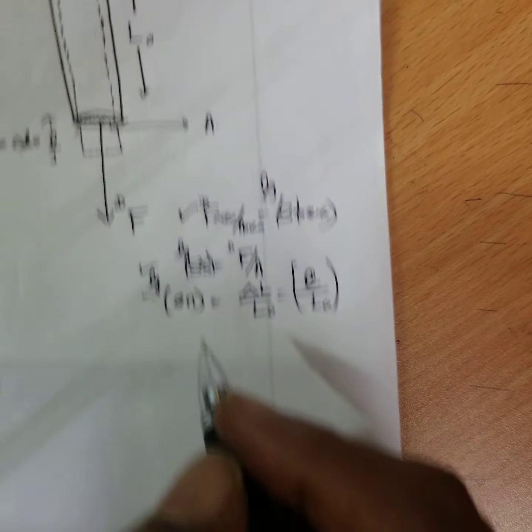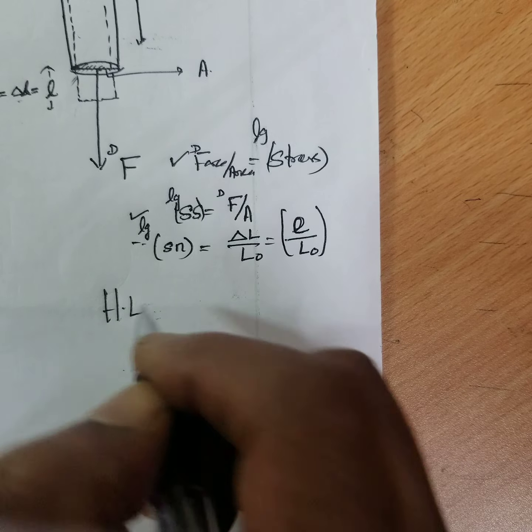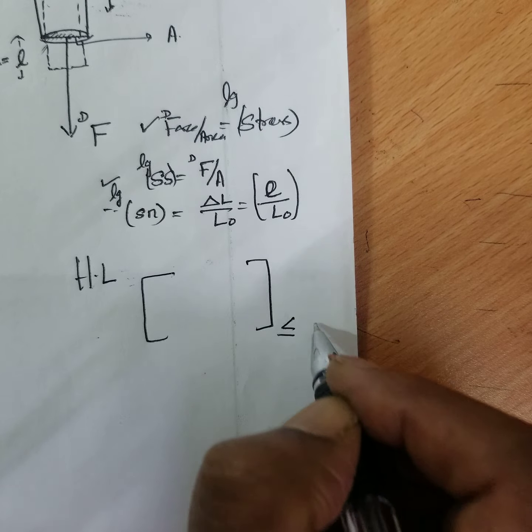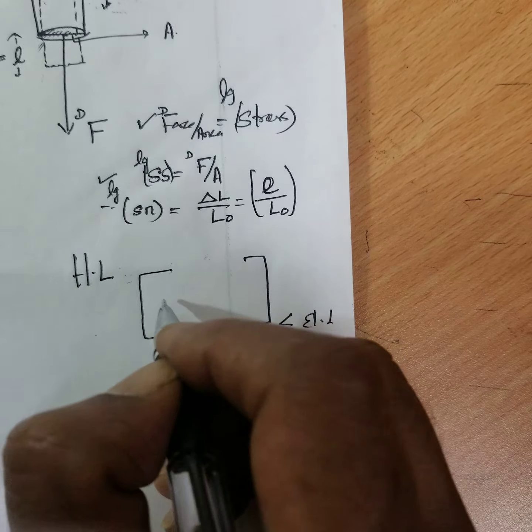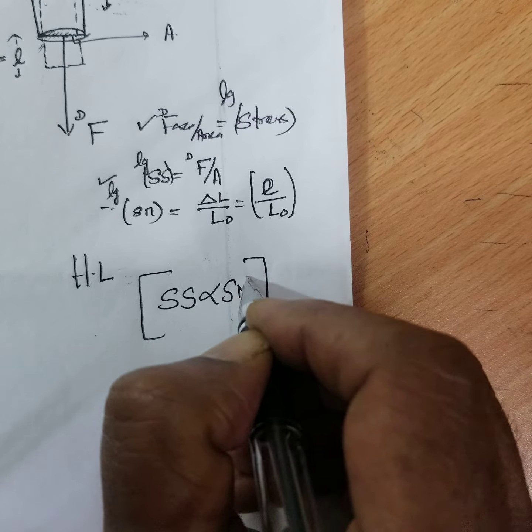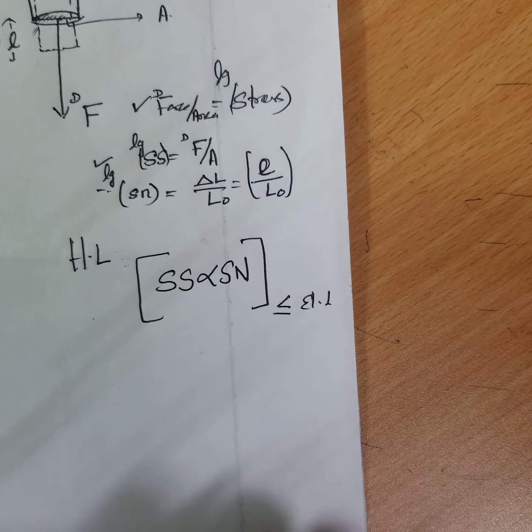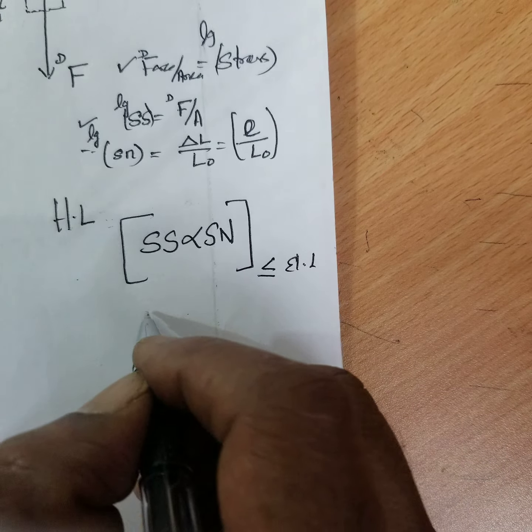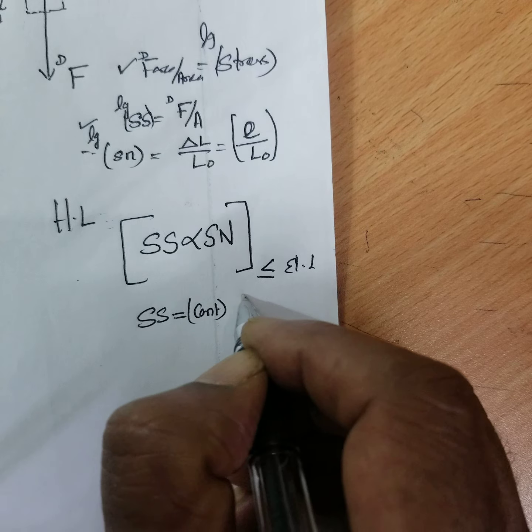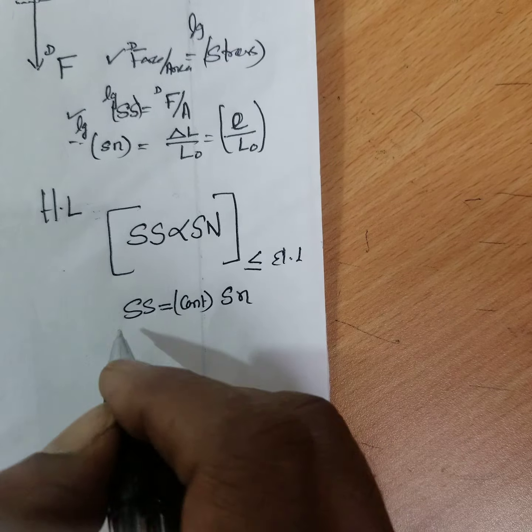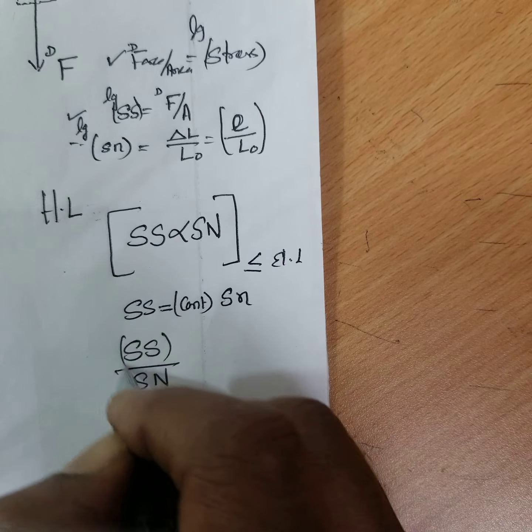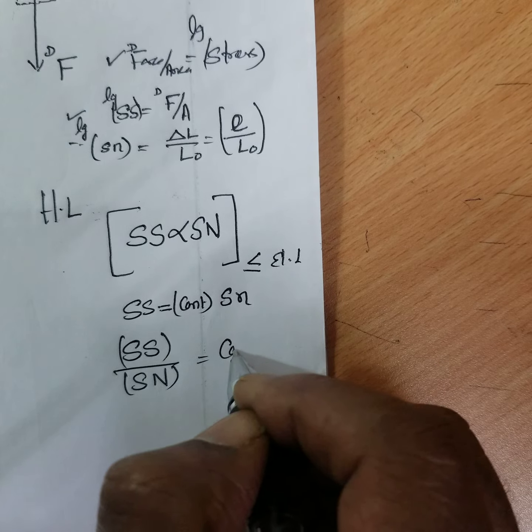What is Hooke's law? Hooke's law states that within elastic limit, stress is directly proportional to strain. In other words, stress is equal to some constant into strain, or stress by strain is equal to the constant.